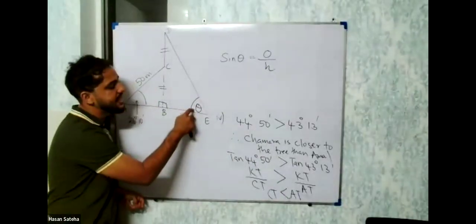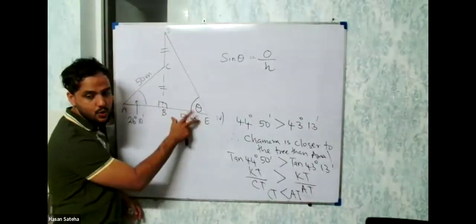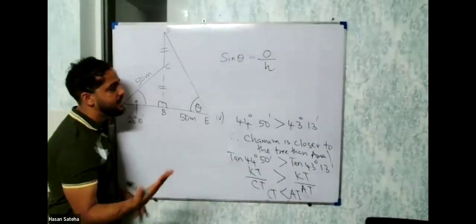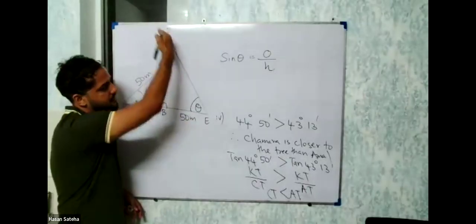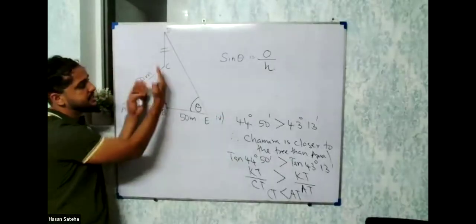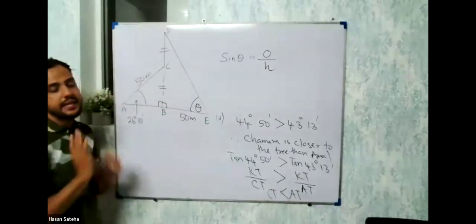If you need to find this angle here, now you have one side, you need one more side, either this side or this side. Anything is fine. Now, looking at the diagram, you can see finding this side is not possible. But finding this side, because this side is connected to this triangle, maybe we can do something here and find the length.